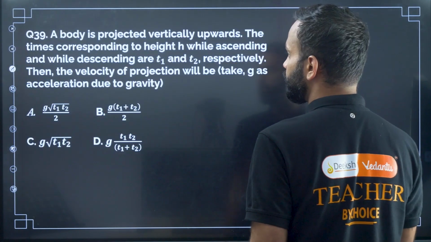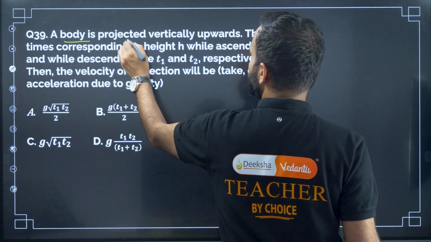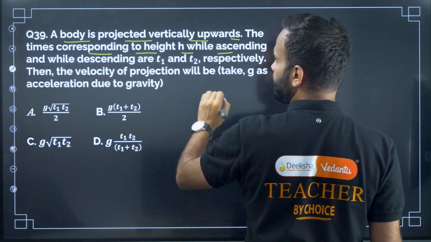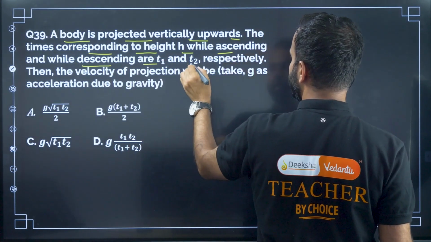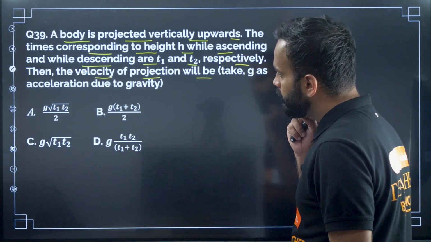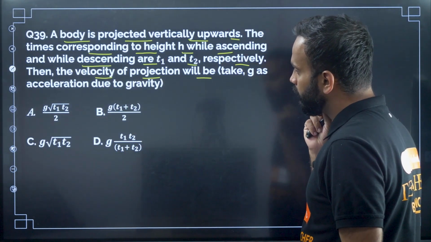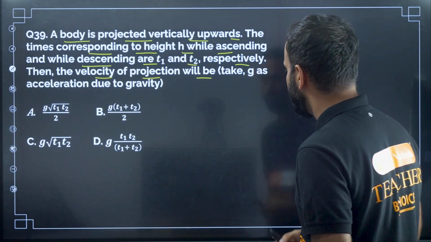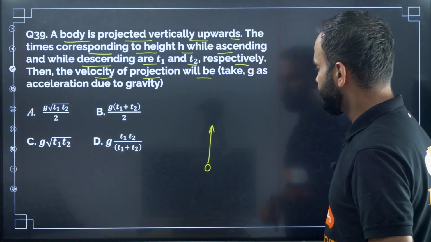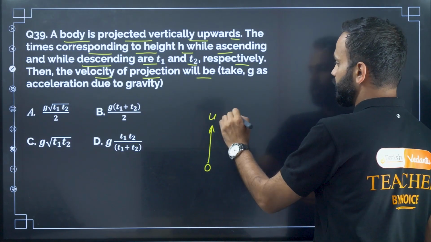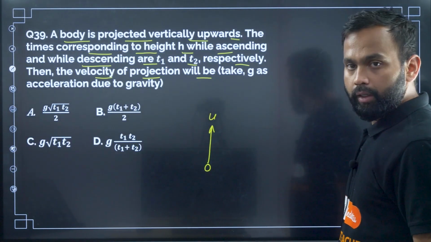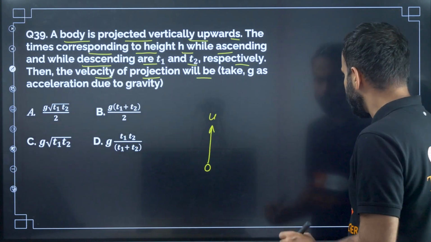Next question, question number 39. A body is projected vertically upwards. The times corresponding to height h while ascending and while descending are t1 and t2 respectively. Then the velocity of the projectile will be. Here we need to find the velocity of projection. This is how the particle is projected, with velocity u.